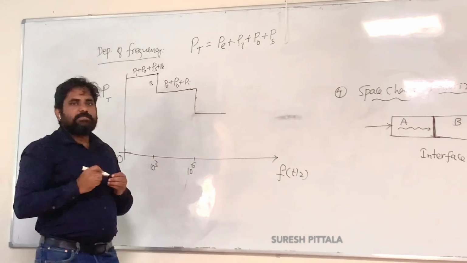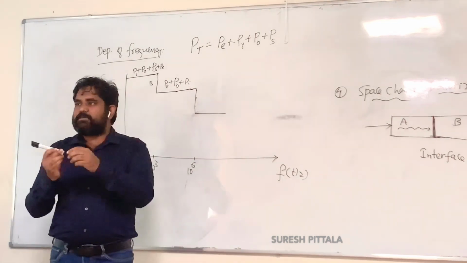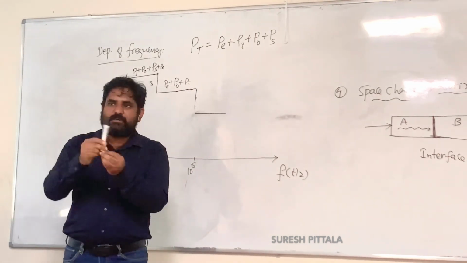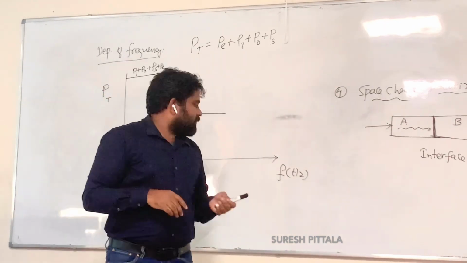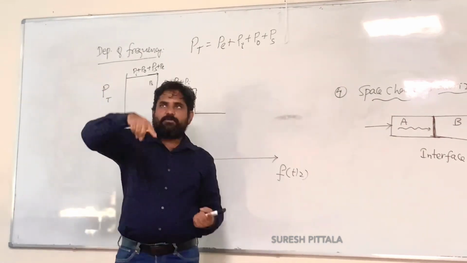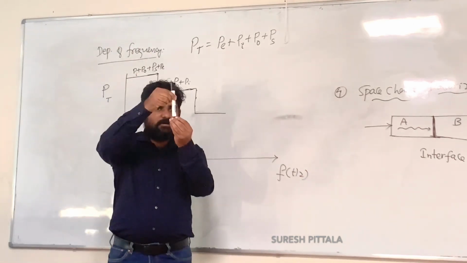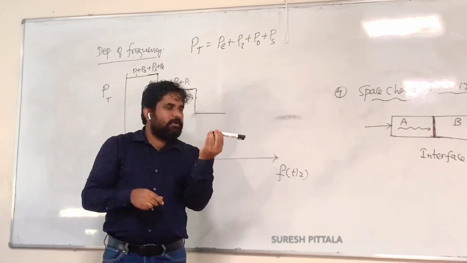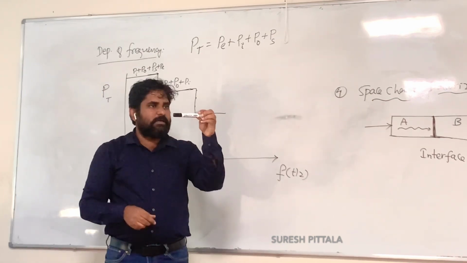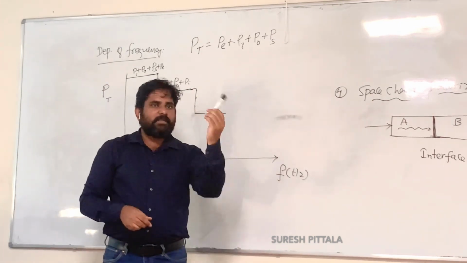Orientation is nothing but the orientation of the dipoles in the direction of the electric field, which takes a huge amount of time, because when you apply the frequency you are giving the motion. Positive side, negative side, positive side, negative side. So the dipole has to orient to the positive side, then it has to go back to the negative.